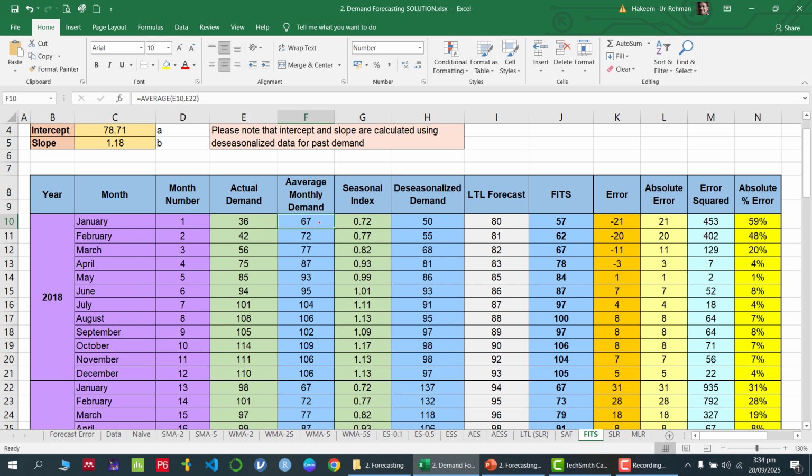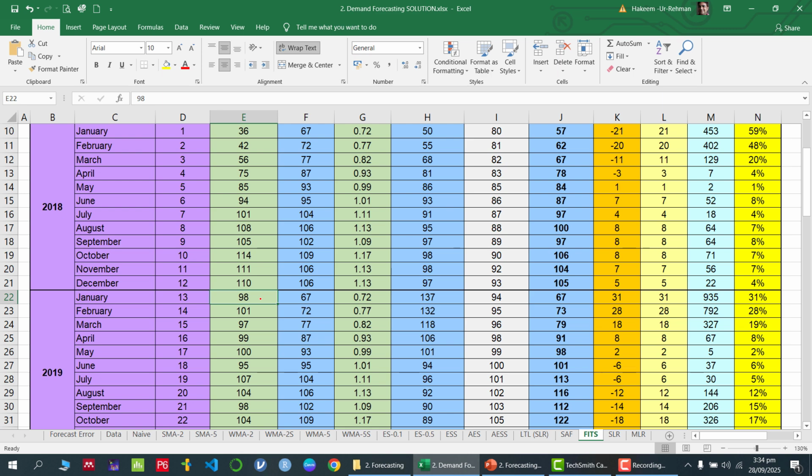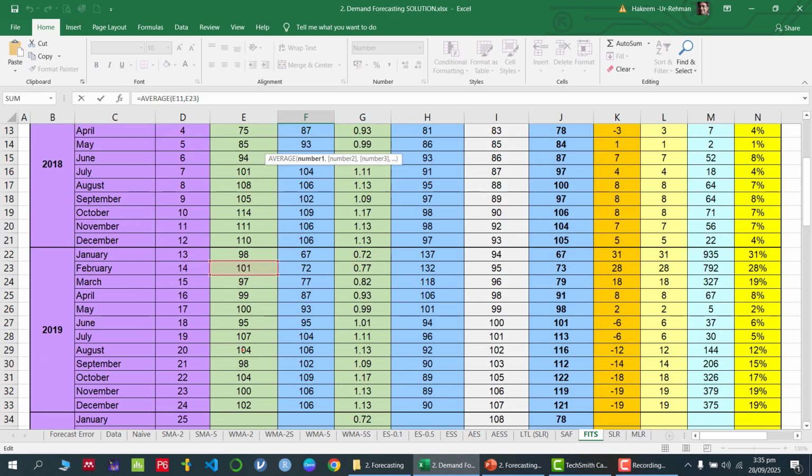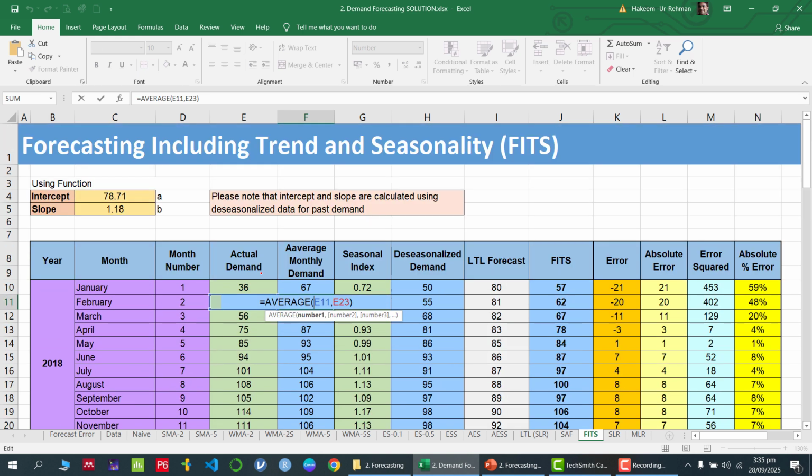The average monthly demand is going to be calculated for January, because once again I'm considering monthly seasonality. So that is going to be the average of January 2018 and January 2019. The same is the case for February: the average value of February 2018 and February 2019.